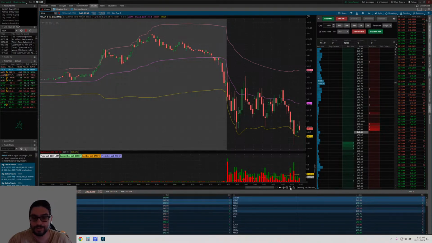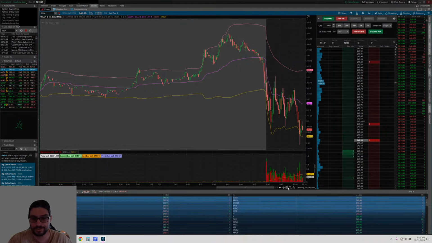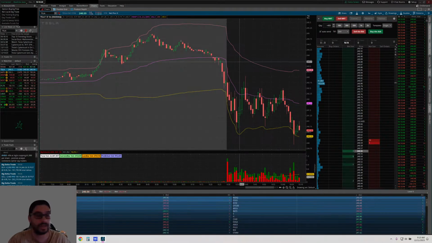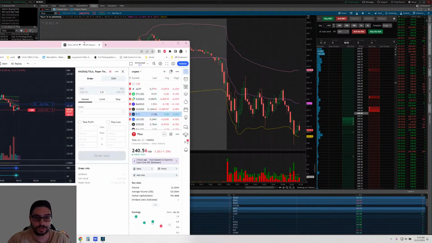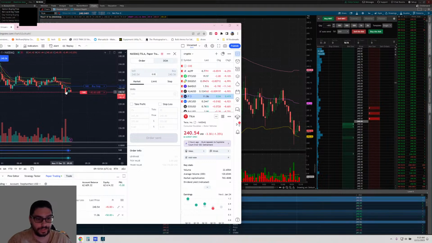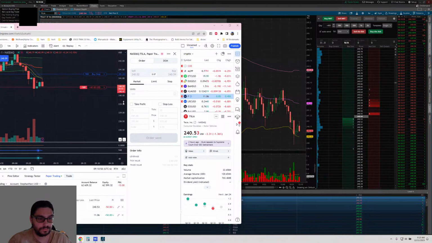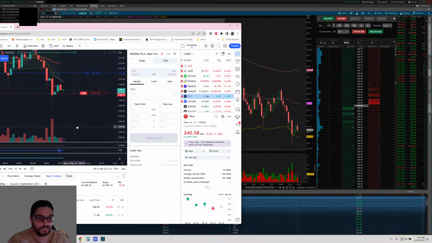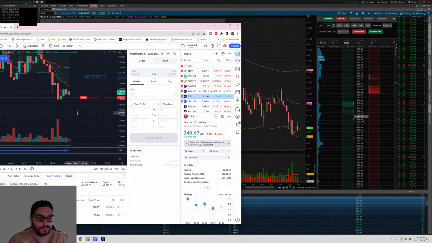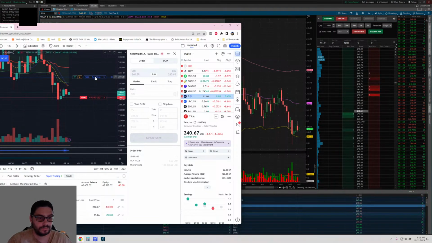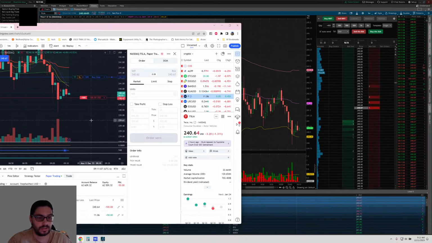I still think it's going to move down, trend down, and that's the reason why I put the stop where I did on paper. I just don't feel like taking it with real. I'm not going to move it.